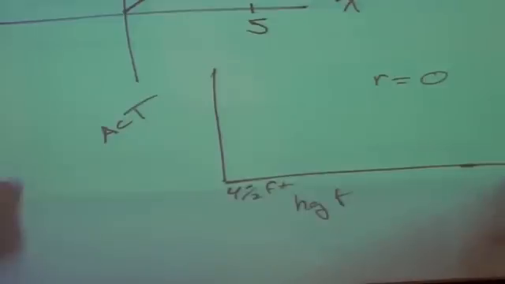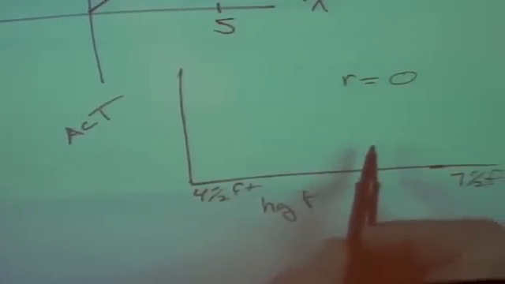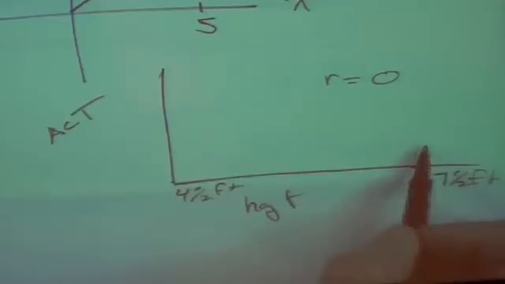And you're going to have your really tall people up here who are what, 7.5 feet? Not very many of them. Most people are going to be in between. But the point is that you don't know anything. Just because somebody's tall or short, you don't know anything about their ACT scores. It's totally random. Is that correct?